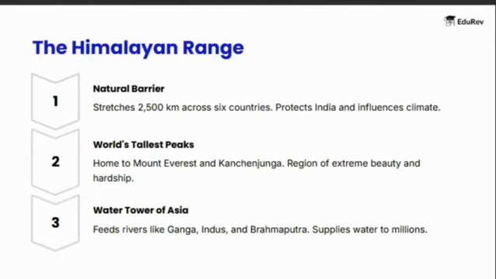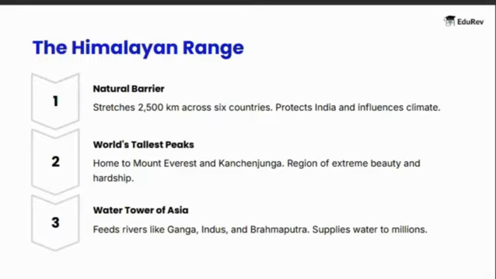Now, the Himalayan range as a natural barrier stretches 2,500 km across 6 countries. It protects India and influences our climate also. It is home to the world's tallest peak, Mount Everest, and also Kanchenjunga, a region of extreme beauty and hardship.